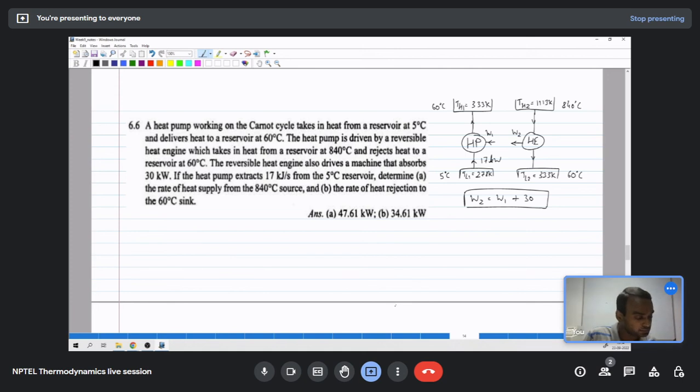Now I represent these heat transfers as Q1, Q2, Q3 and Q4. First I would calculate the COP values and the efficiency values. COP of the heat pump is Q1 by W1, which is Q1 by Q1 minus Q2. In terms of temperature, we have T1 by T1 minus T2. So this is 333 divided by 333 minus 278.